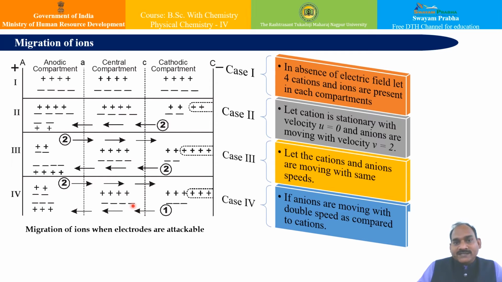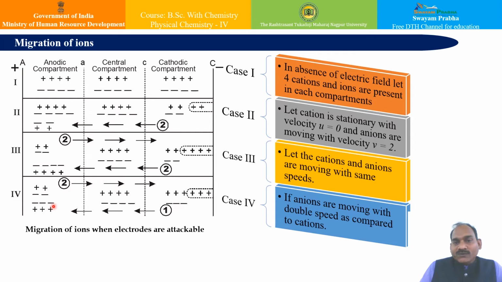In such a case, there is an excess cation concentration of 3 cations in the cathode compartment, which get discharged at the electrode, and there is an excess anion concentration of 3 in the anode compartment, which attack the silver electrode, thereby increasing the concentration of the anode compartment. And as usual, the central compartment has the same concentration.